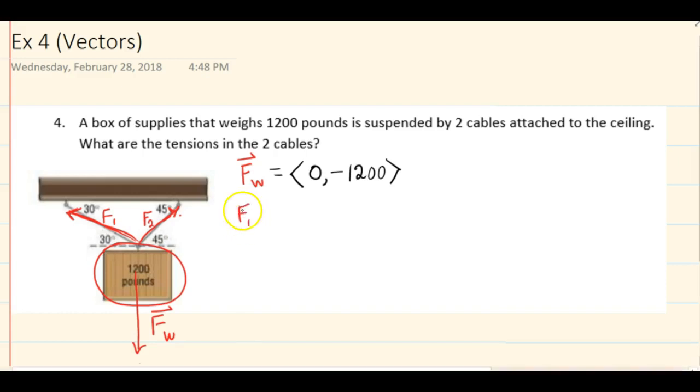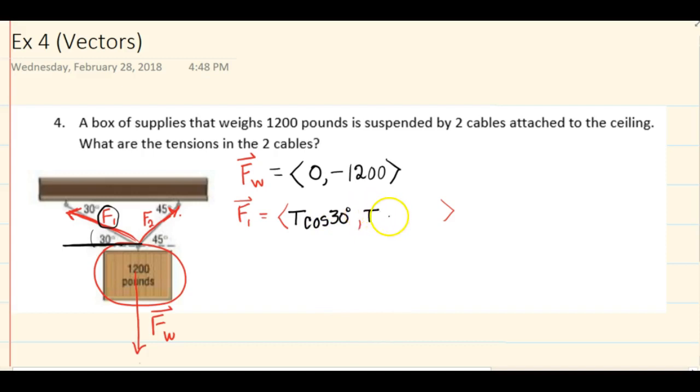For F1, we're going to write down our 2 forces. I'm going to write it down twice and you'll see what I'm talking about. So one of the things is we need to find what the actual force is, which is our tension. So we're going to call it T for tension. And then the horizontal part we're going to see is a cosine of that 30 degrees. So this will be cosine of 30 degrees.